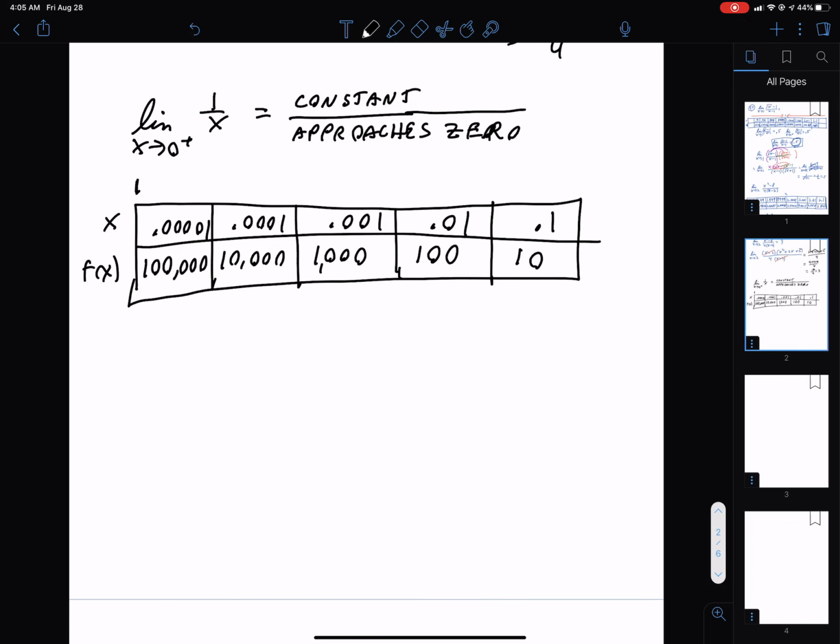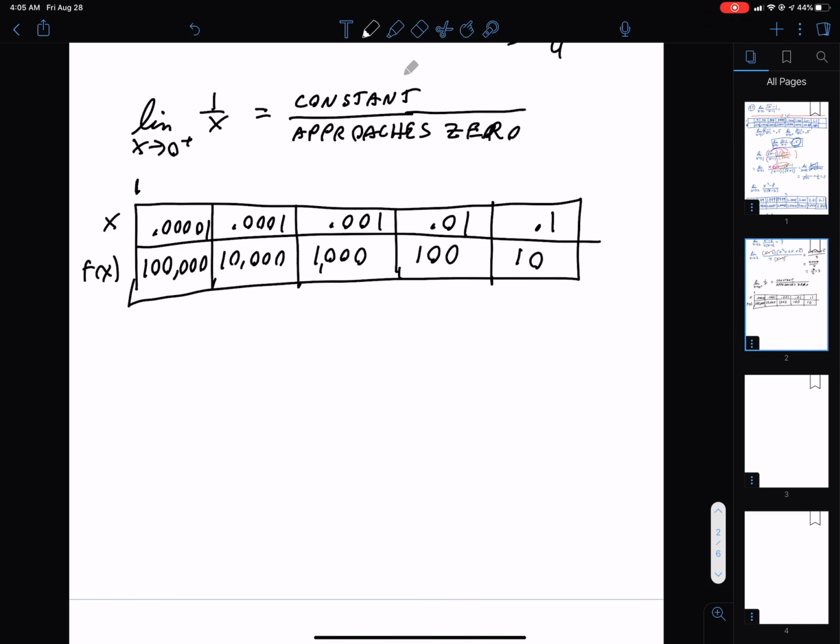So technically, it's not going to have a limit because there is no number it's getting close to. It just gets bigger and bigger and bigger and bigger. So try to convince yourself of that. You need to understand when you divide by a number that's getting close to 0 and there's a constant on top, it's going to be unbounded.